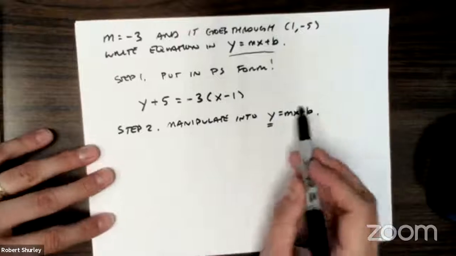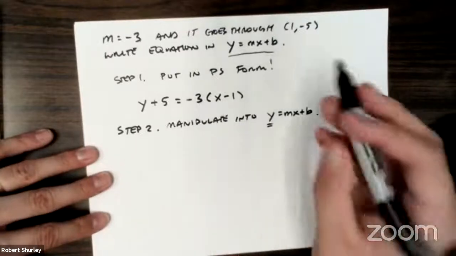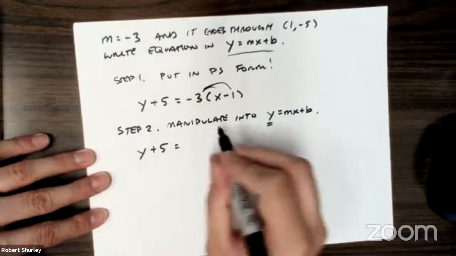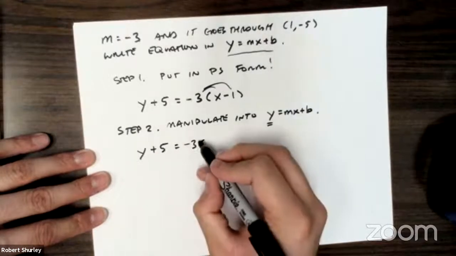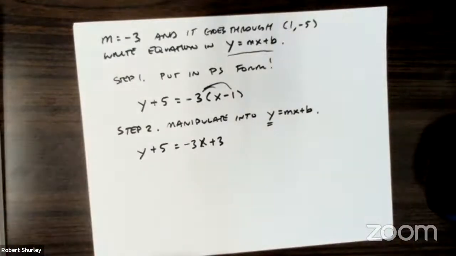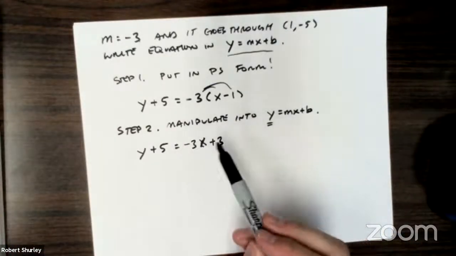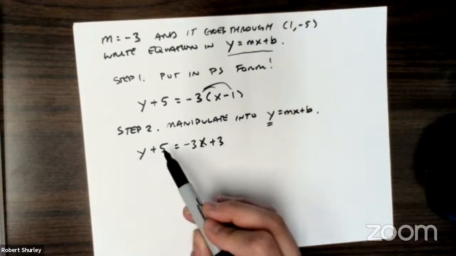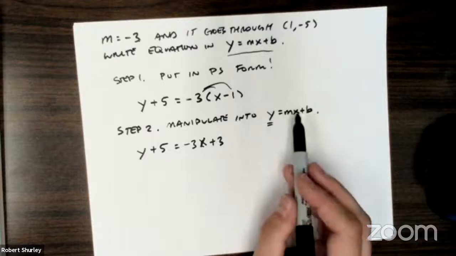So to do that, again, just like before, there's no parentheses, so I'm going to distribute the parentheses first. Oh, there we go, -3x plus 3. And on this next step, remember, if it was standard form, I would move the 3x over and move this 5 over, right? But it's slope-intercept form.